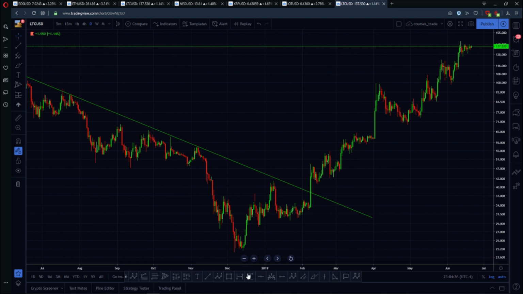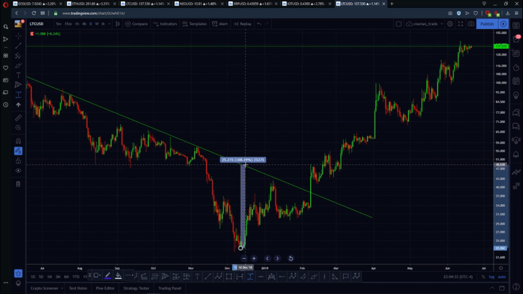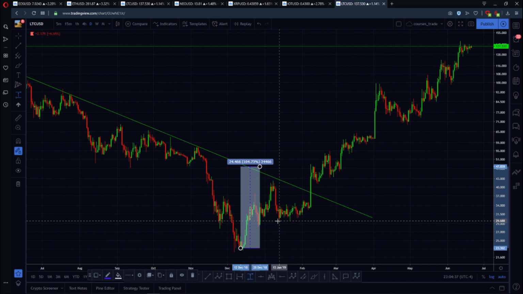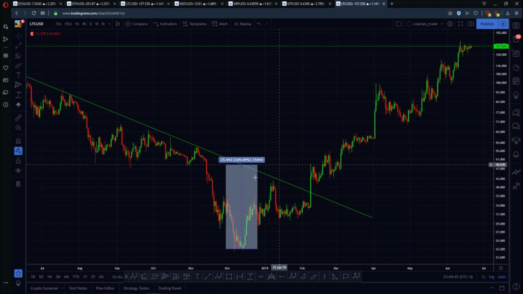Now you measure this one, you do not include the wicks. Okay, so we're gonna measure this distance from the trend line right there. That's the first thing you do, because it's the biggest wave, the farthest from the trend line.